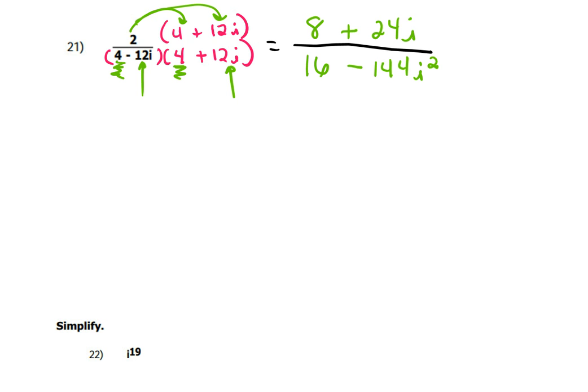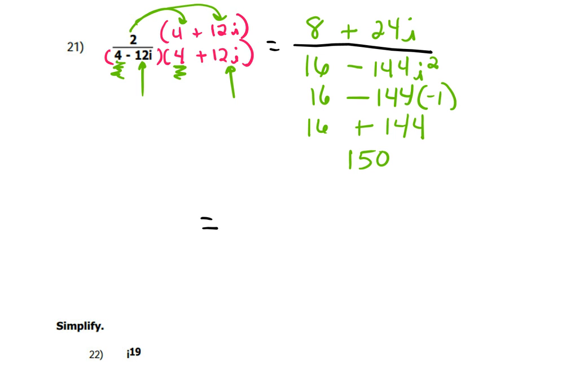144i squared. But remember, i squared is really a negative 1, so this becomes 16 plus 144, which ends up being, what, 150? And then you should express your answer in a plus bi form, which I think I did say that. I can't remember, but I'll make sure I do on the test.